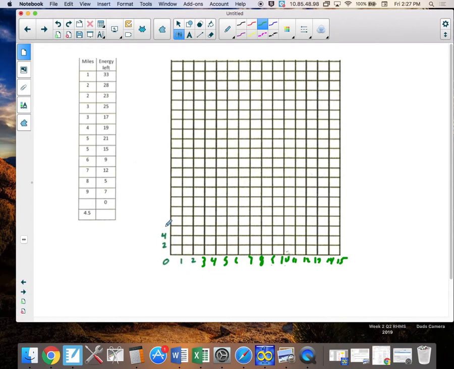This side we're scaling it by 2s: 6, 8, 10, 12, 14, 16, 18, 20, 22, 24, 26, 28, 30, 32, 34, 36, 38, ending with 40.